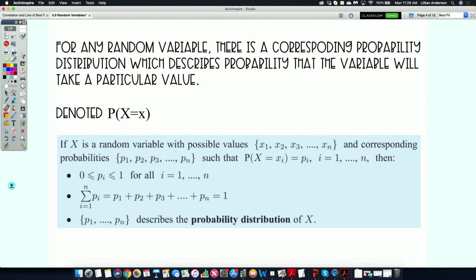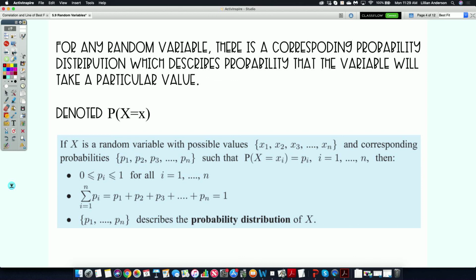The capital P, have you seen that before? What does that mean? Probability. The capital X describes your random variable, whatever is happening, like you flipping 2 coins. The lowercase x represents a specific type of outcome from the list of possible outcomes.